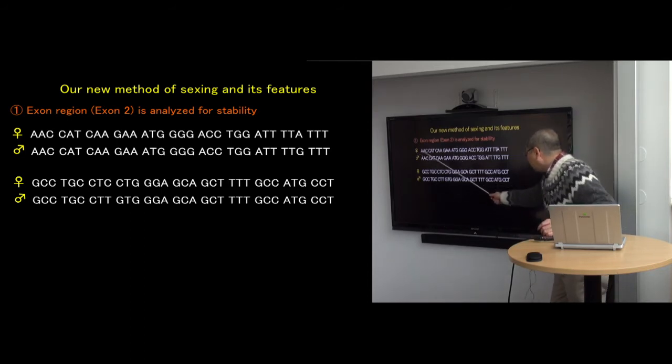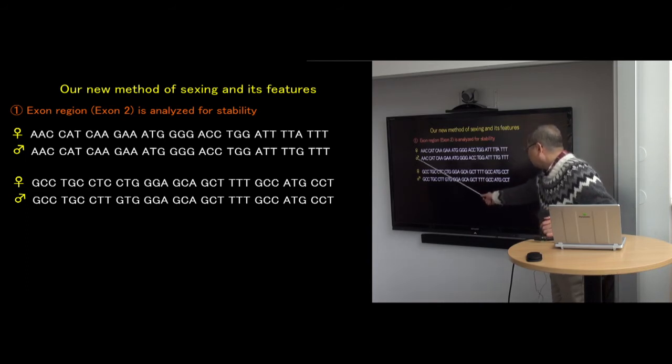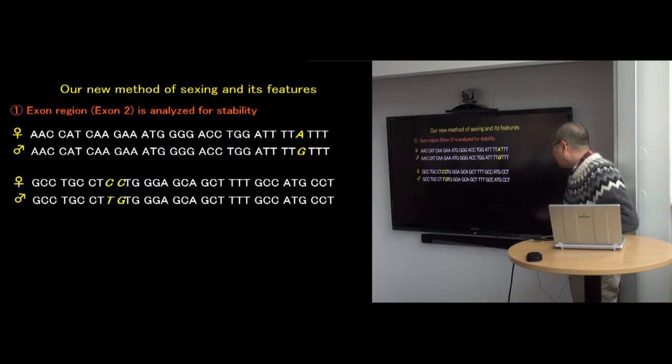This is the female sequence of exon 2, and this is the male sequence of exon 2. The different bases are shown in yellow letters. This is the difference between male and female. So if we can detect these differences, we can tell which sex the sample belongs to.